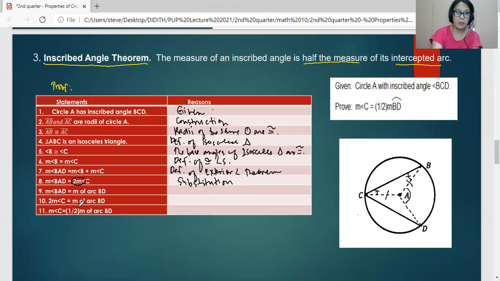Now the measure of angle BAD equals the measure of arc BD. Where is angle BAD here? This one. This is a central angle, and the right side of the equation is its intercepted arc BD. Their measures are equal, and this is from the central angle postulate.